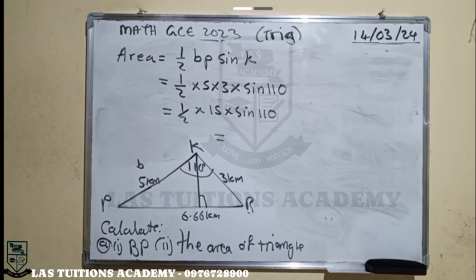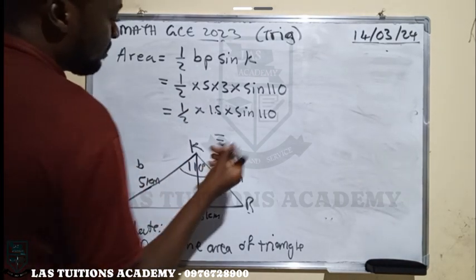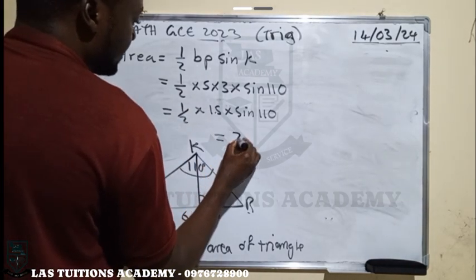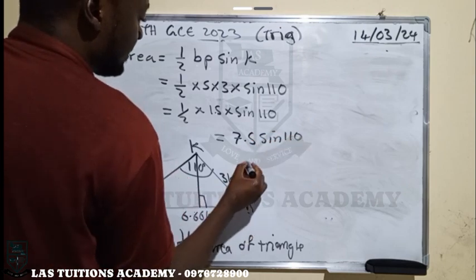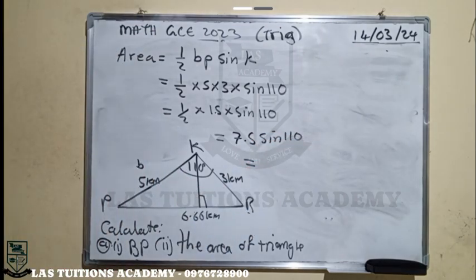So half of 15 is 7.5. So you can say 7.5 sine 110. What is sine 110 times 7.5?